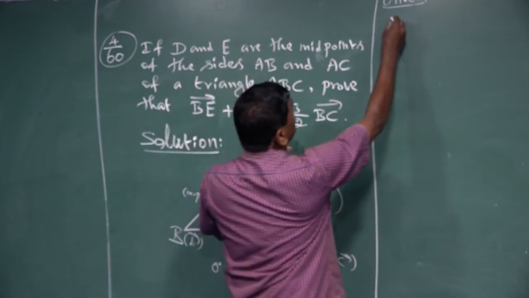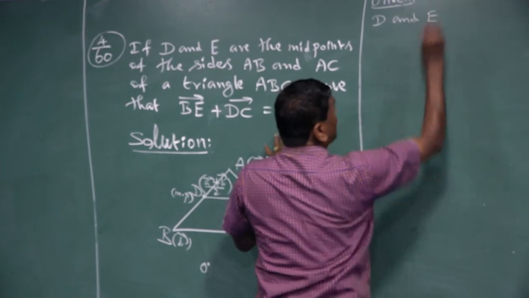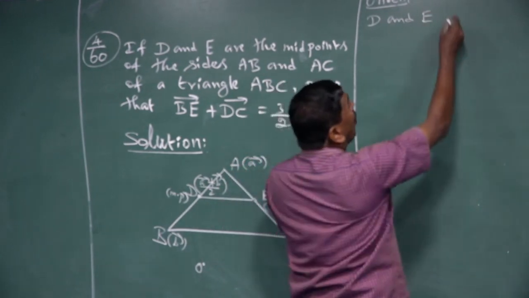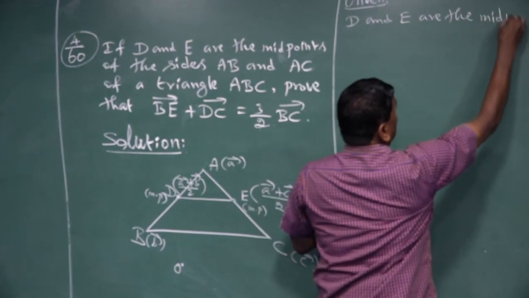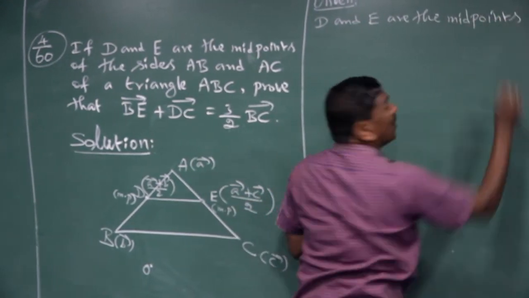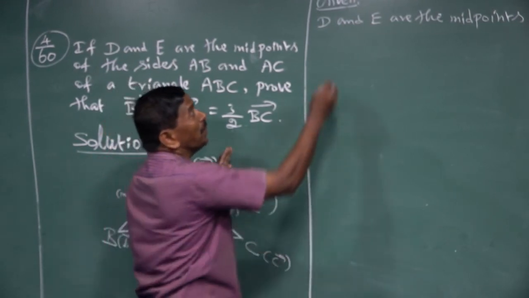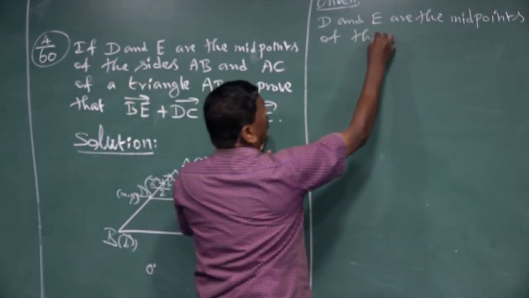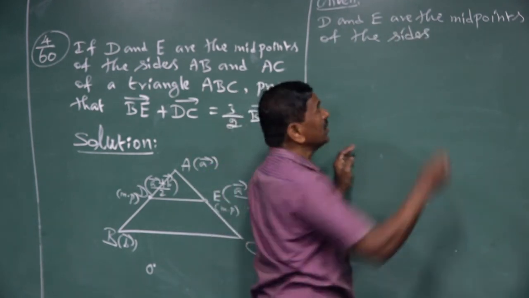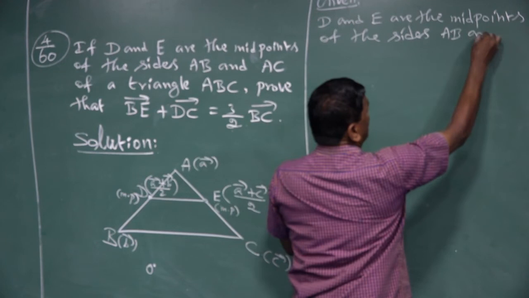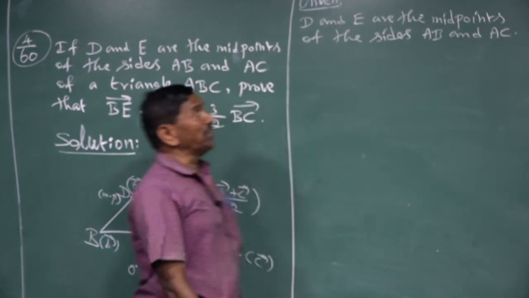Let us write given: D and E are the midpoints of the sides AB and AC.